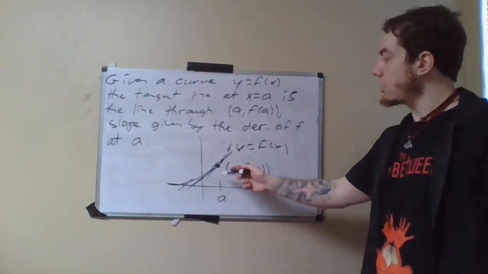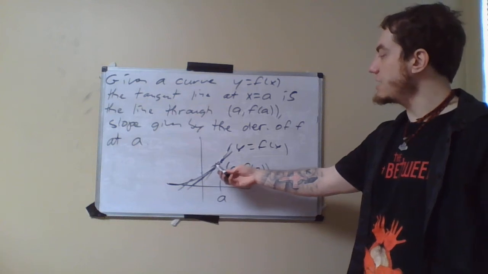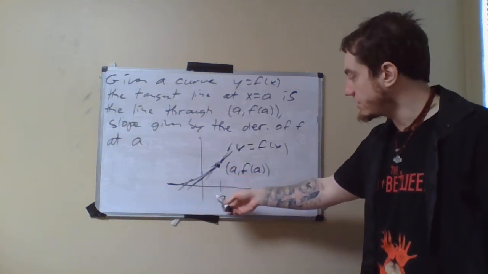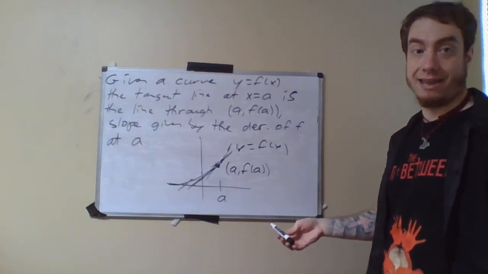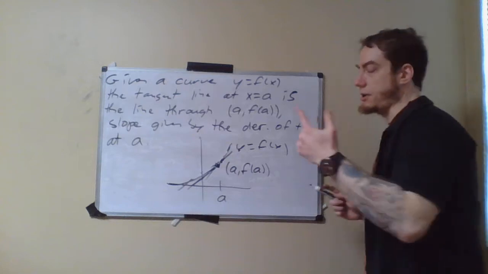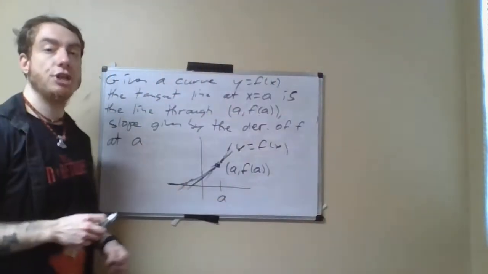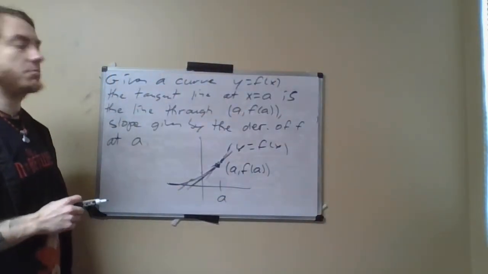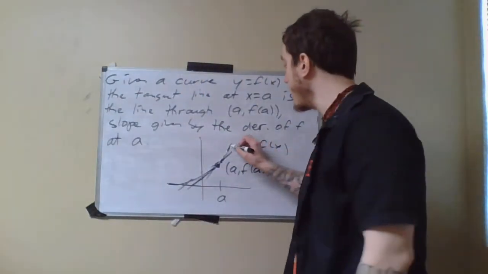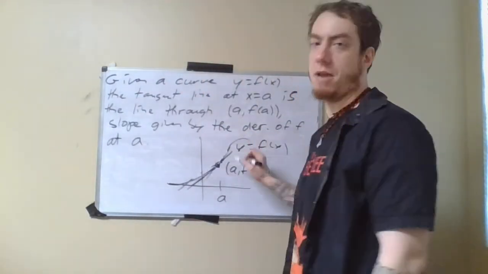And for most curves, that means that the tangent line touches the curve at exactly one point, at least on some open interval around A. There's exceptions, like straight lines, where you just stay on top of the curve the whole time. But generally speaking, the tangent is going to be one that just touches the curve at that one point. Now, of course, later on, the curve might turn around and my tangent line might cut through it.